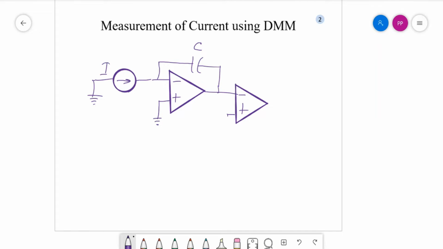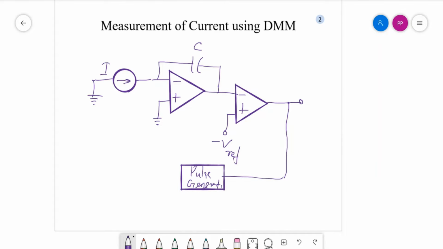The non-inverting input is again given a negative reference voltage, minus Vref, and the output of the comparator is basically the output of the circuit. So this output is fed back using a pulse generator. Now this pulse generator is used to send a grounding pulse, or a pulse that can discharge the capacitor.